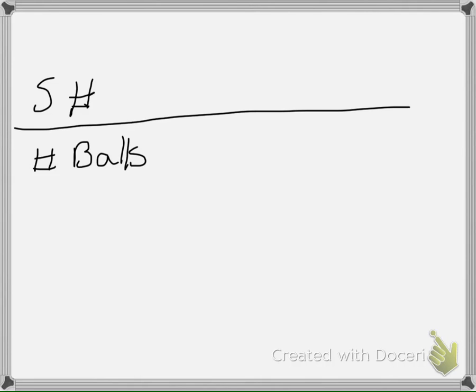So the table goes step number, I'm going to call that S number, and number of balls. Okay, and we went 1, 1, and it was 2, 3, and it's 3, 6.